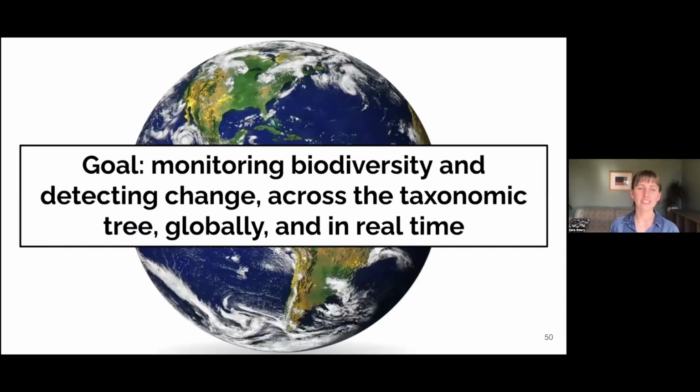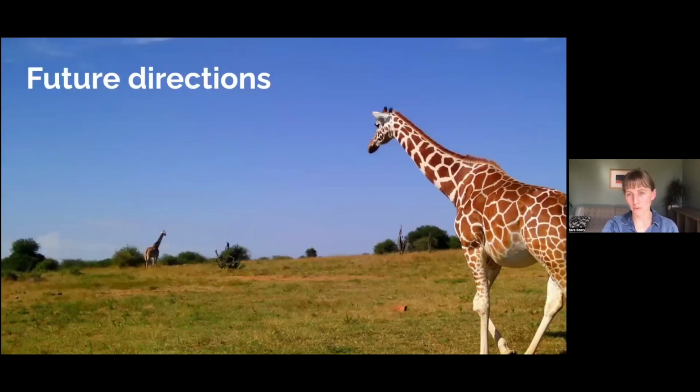My large goal is, how do we monitor biodiversity and detect changes in biodiversity rapidly across the taxonomic tree, globally and in close to real time? And as I move forward into a faculty position, some of the things that I'm really interested in, first, I think we need to make much better use of all of the available multimodal data.